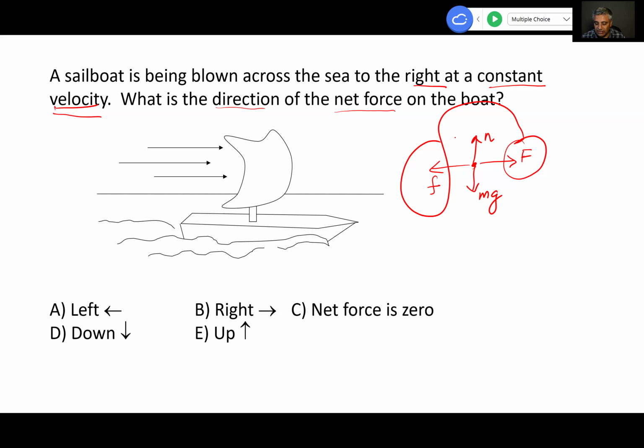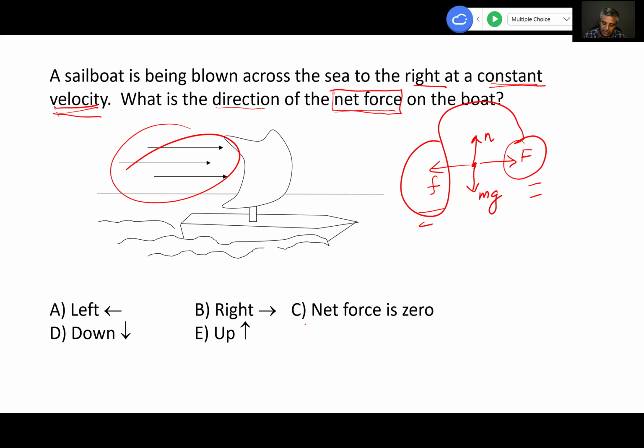So they are equal. So it may seem like, okay, wind is pushing that way, it's moving that way, there must be a force in that direction. But yes, there is a force, but this question is about net force. Okay. So net force is zero whenever velocity is constant.